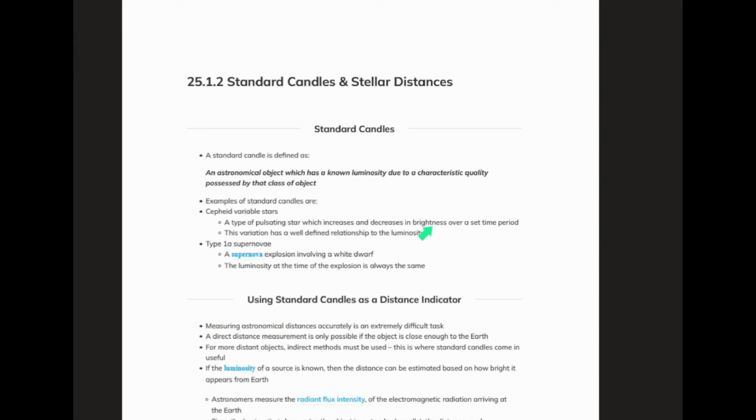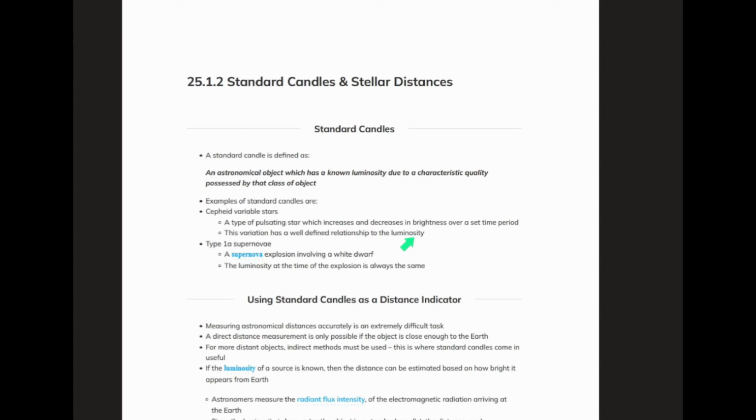You know, we have a song, Twinkle Twinkle Little Star, where the brightness is increasing and decreasing, that is the pulsating star. Over a set time period, this variation has a well-defined relationship to the luminosity.